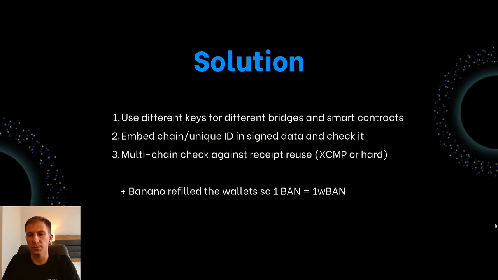That's an option. In addition, you should also check if the receipt was meant to be sent for your wrapped smart contract. So you can either use the chain ID or any other unique ID. In case of Banano, they use the chain ID as a solution.